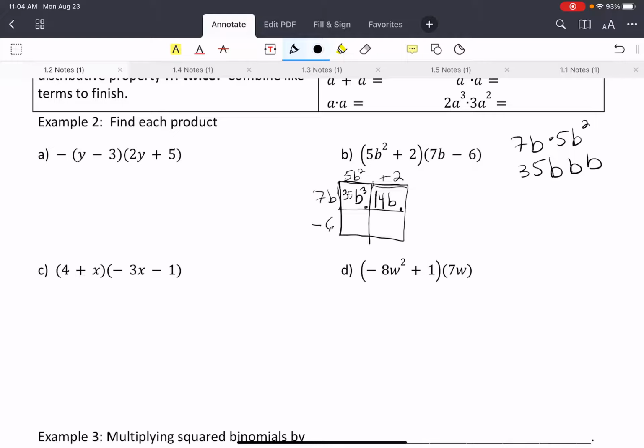Do you guys think you could finish out the square? Take 30 seconds and finish out the square.